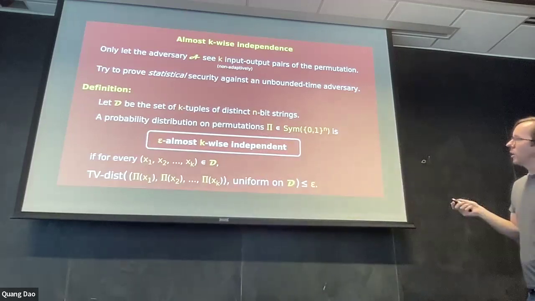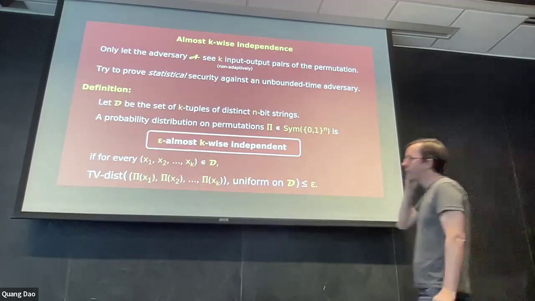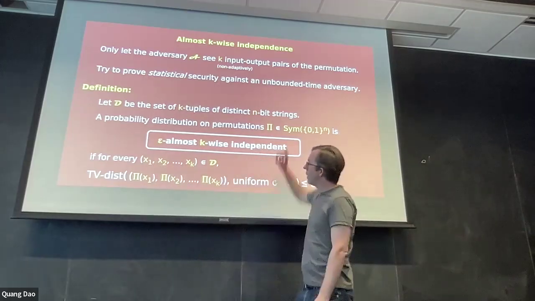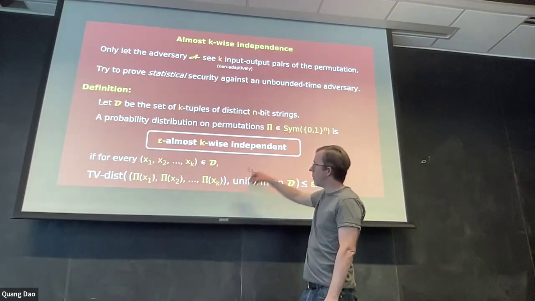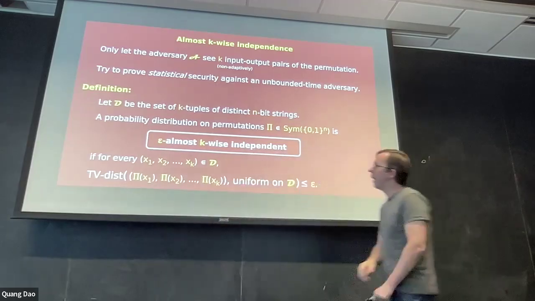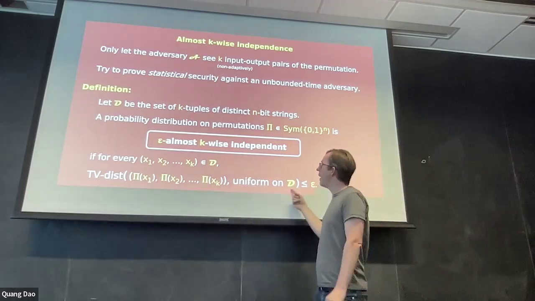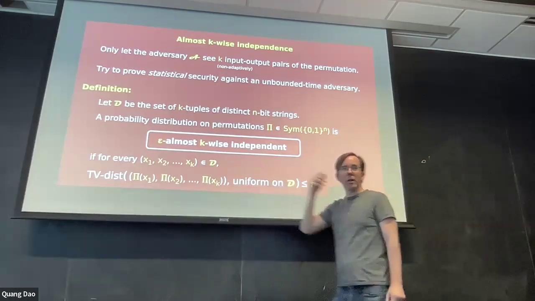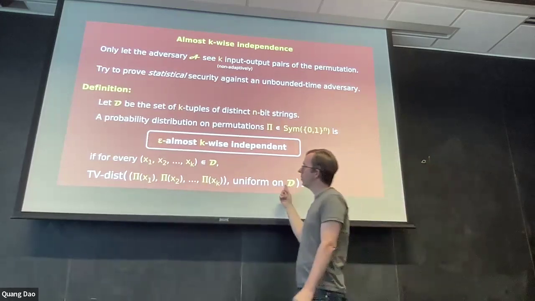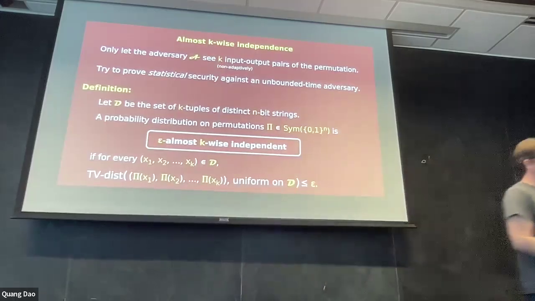Your probability distribution on permutations pi is epsilon almost k-wise independent if, for every worst case starting tuple of k distinct n-bit strings, you pick a random permutation from your pseudorandom family, like the random reversible circuits, and apply it to each of these k strings. If it were a truly random permutation, what you would get out would just be the uniform distribution on all k-tuples of distinct strings. You're hoping that the total variation distance between that truly uniform distribution and what you actually see is smaller than some epsilon.